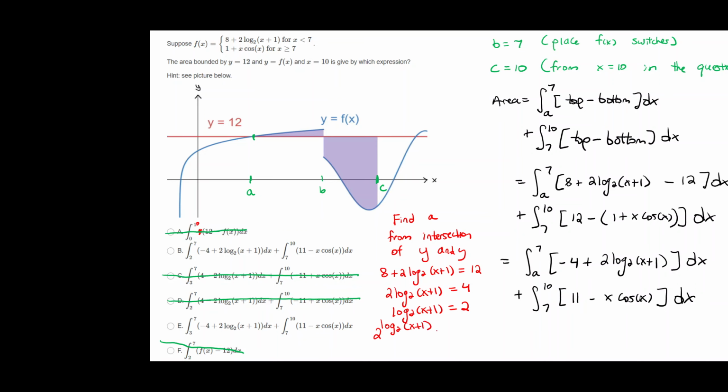It's been a while since we've had to do that. But there it is. So we get x plus 1 is equal to 4, and that means x is equal to 3. So it is going to be E as our correct option. We're going from 3 to 7 and not going from 2 to 7.